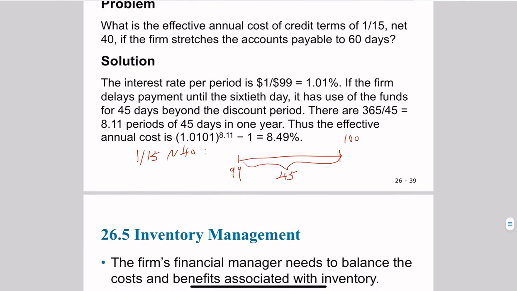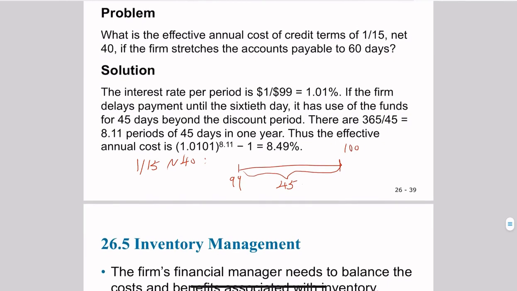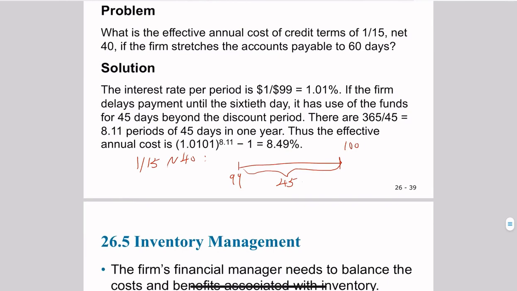So you can see that the annualized cost or annualized interest rate would be 100 divided by 99, and we have 365 days per year, and then we have this 45-day period. So this gives us 8.49%.